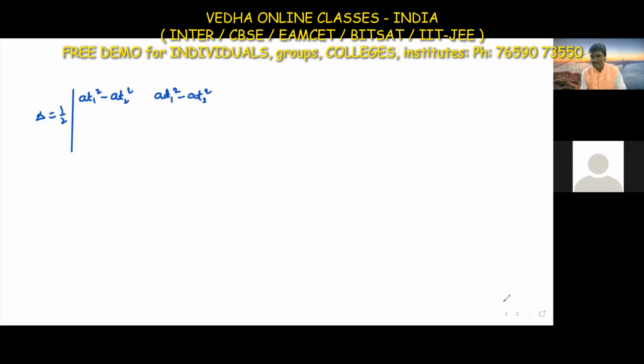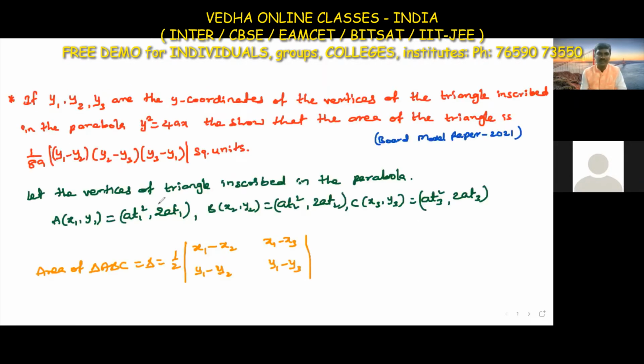So these are the x values, a t1 square minus a t2 square and a t1 square minus a t3 square.